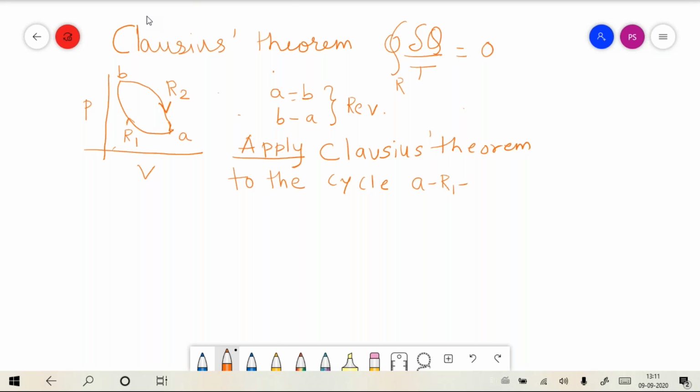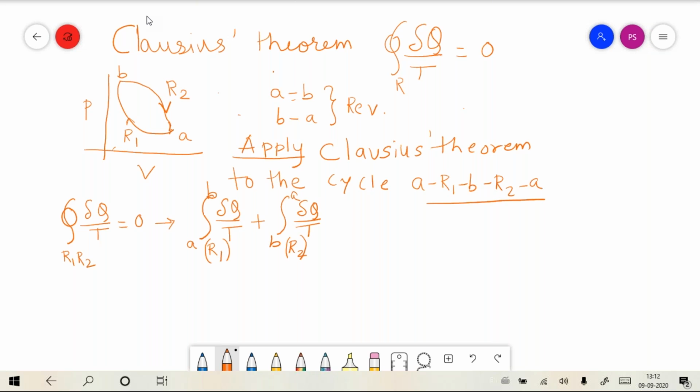Because I have considered only a two process cycle, it could be a 3 process cycle, 4 process cycle, whatever. This will be equal to 0. Why is this 0? Because this is the Clausius theorem, which we had already proved. Now it's just a rewriting, using our elementary knowledge of mathematics.